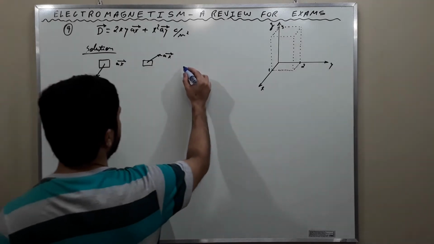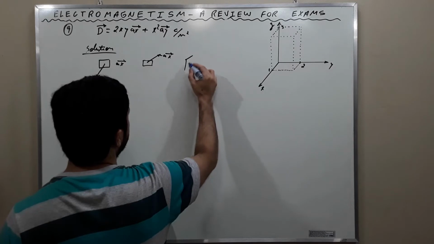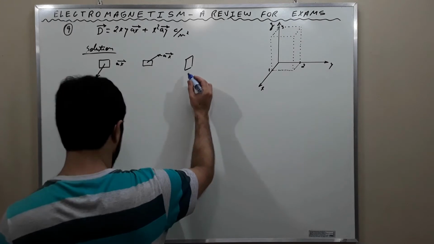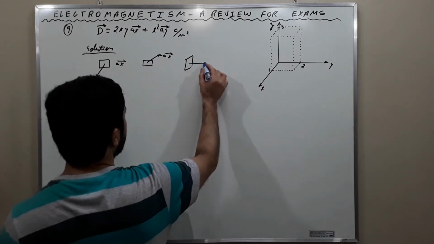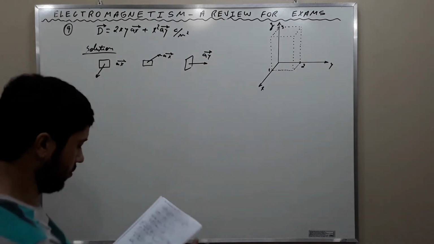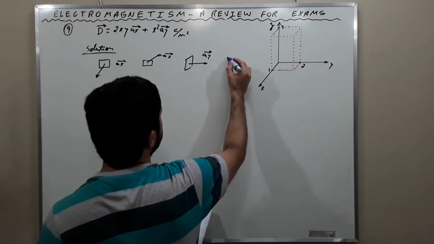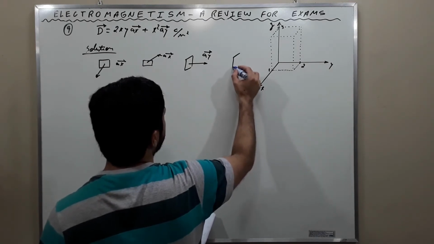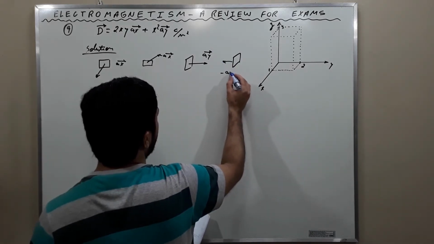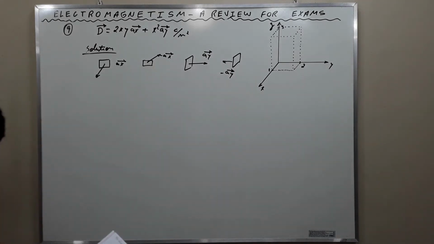We have the side here in the positive y direction, and we have this other side here in the negative ay direction. And we are going to use these surfaces to integrate the flux density to calculate the total flux.